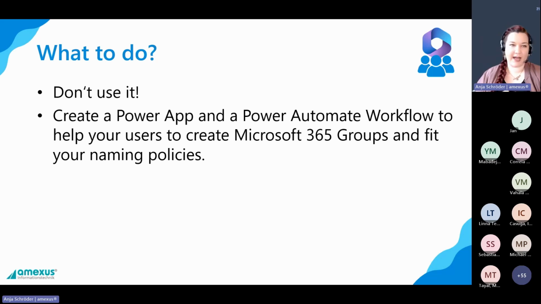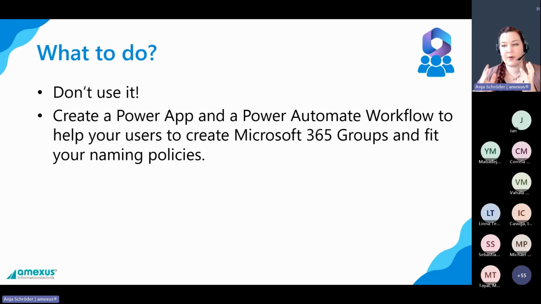Maybe create a Power App or a Forms document or something else where your users can be guided through a process to fill out a form, with all parameters for a Microsoft 365 group, like who's the owner, who are the two owners, is it a private or a public group, are there guests in it, which location does this group have, etc. And then, based on these answers, a Power Automate workflow will build the Microsoft 365 group for the user.